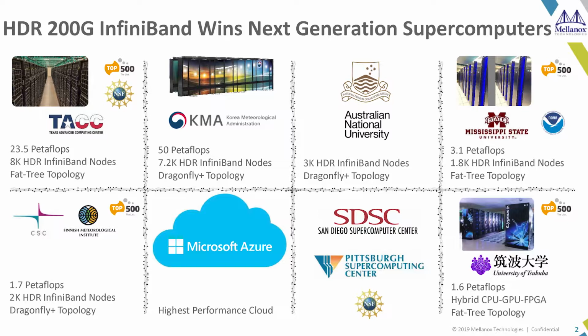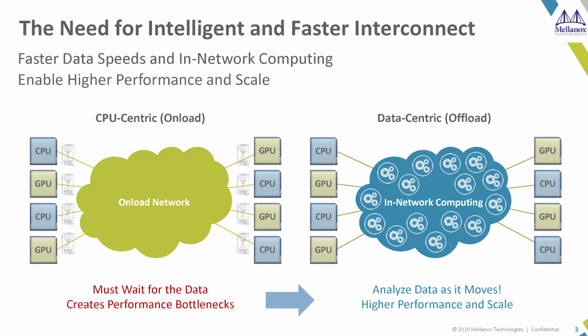If not, it's within days. And here's a list of some of the larger systems that are publicly known to be using HDR technology. TACC is probably one of the biggest known ones, and KMA is going to come up soon too with this technology.